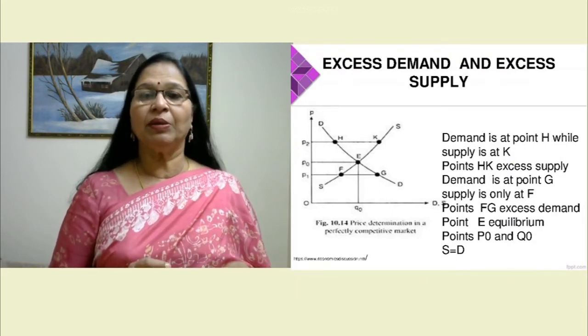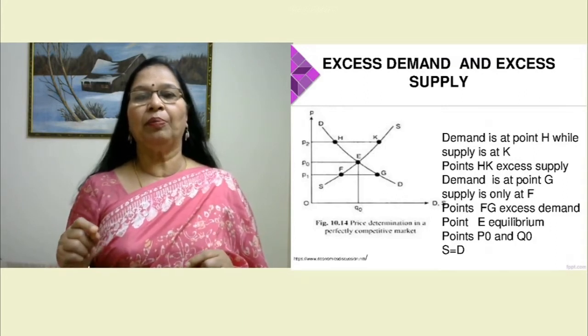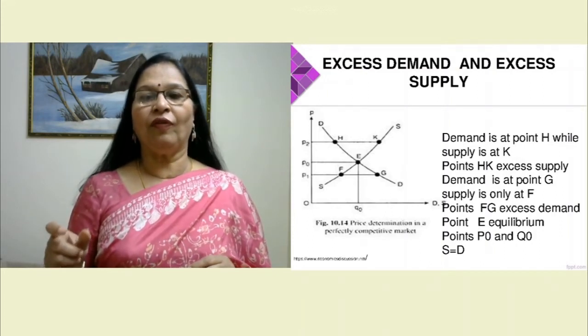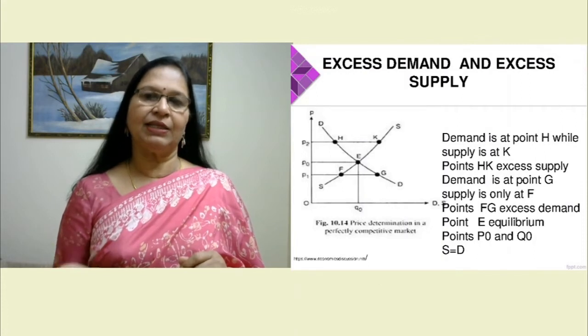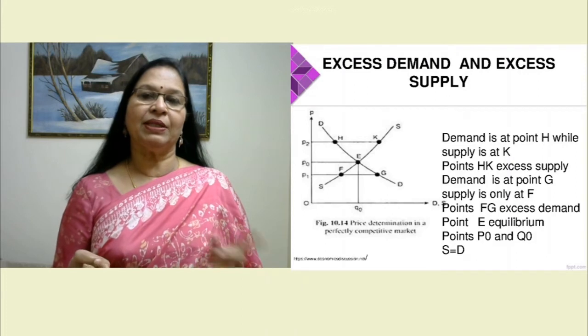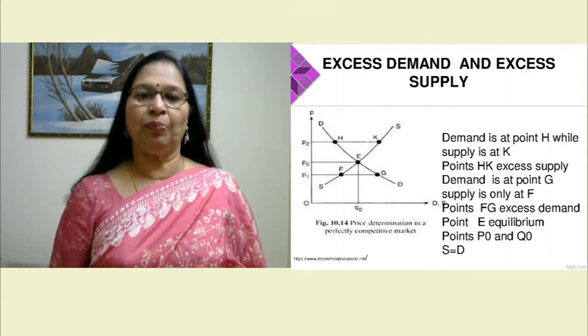Whereas at the same price P2, the quantity supplied is P2K. So there is an excess supply of HK. This HK quantity is an excess supply of goods in the market because the price is very high.